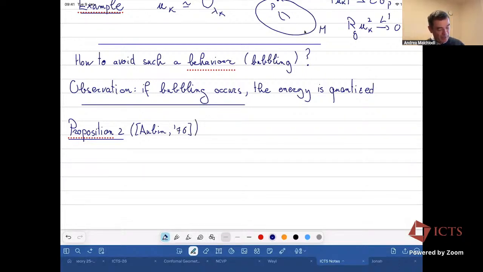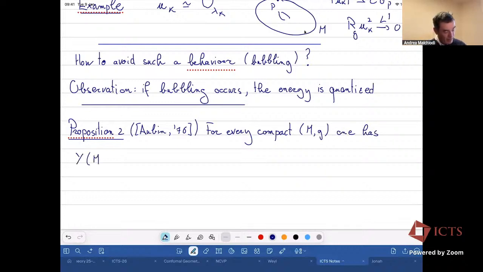He proved that for every compact manifold (M,g), one has that the Yamabe constant of the manifold is less or equal than the Yamabe constant of the sphere.